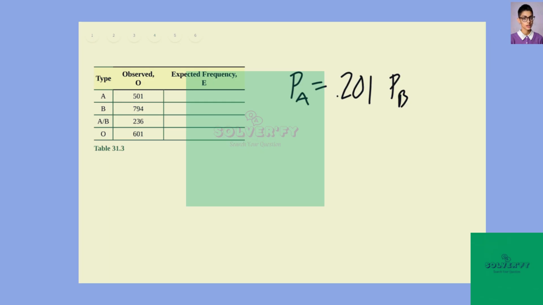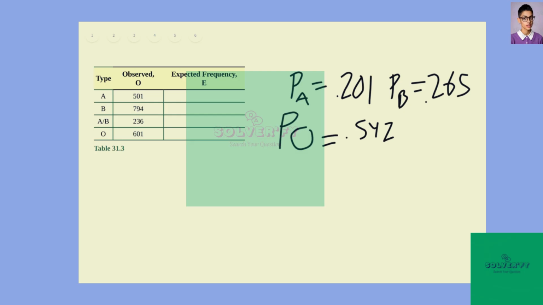For B, it is equal to 0.265, and this information is in the problem. And the probability for O is equal to 0.542.